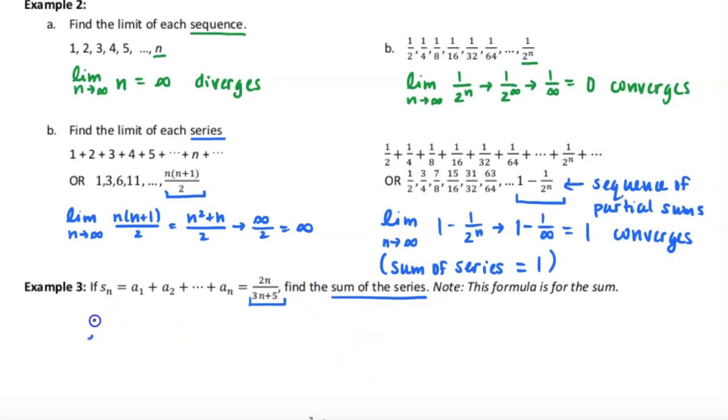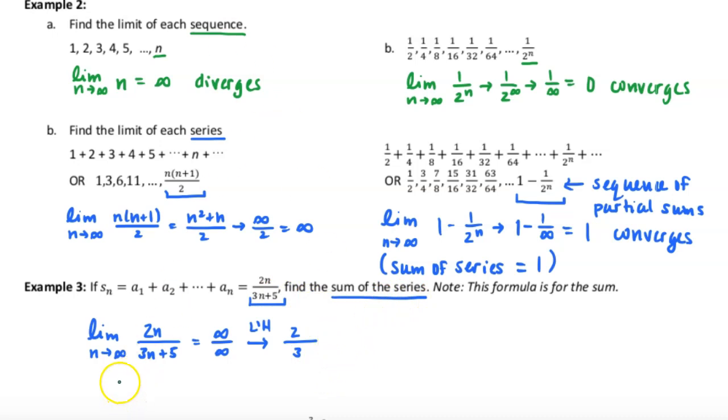And so now I'm finding the limit as n approaches infinity of 2n over 3n plus 5. And I could plug in infinity, and I could use L'Hopital's rule because this would give me infinity over infinity. Using L'Hopital's rule, taking the derivative of the numerator, I'm left with 2. Derivative of the denominator is 3. And so the limit is equal to 2/3.